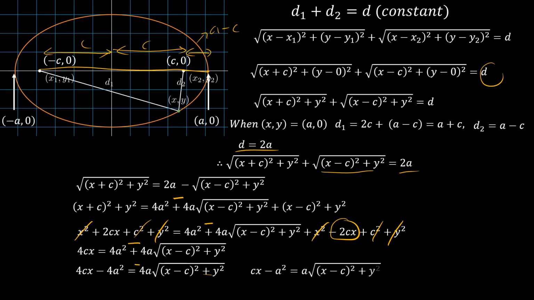So we can divide both sides by 4, and on the right hand side we have negative a times the square root of (x minus c) squared plus y squared, and on the left hand side we have cx minus a squared. Then if you now square both sides, the negative disappears, so we're okay from here forward.